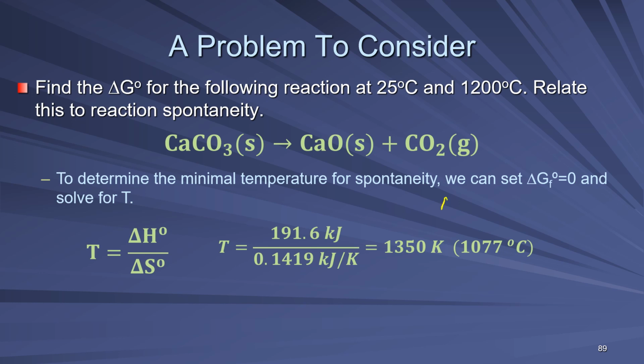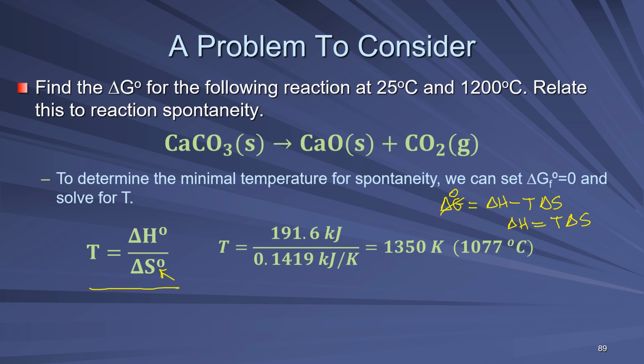So remember, delta G equals delta H minus T delta S. If delta G is 0, then we have delta H equals T delta S. And if we divide both sides by delta S, then we get T equals delta H over delta S. Again, don't forget this has to be in kilojoules so that they can cancel.